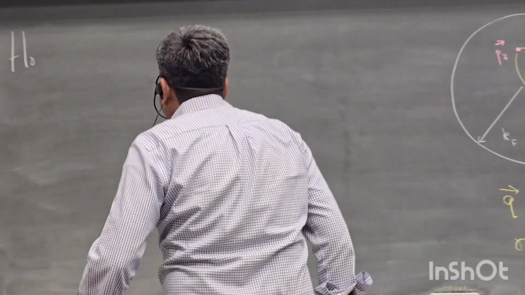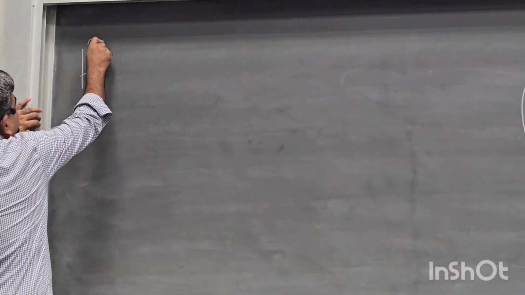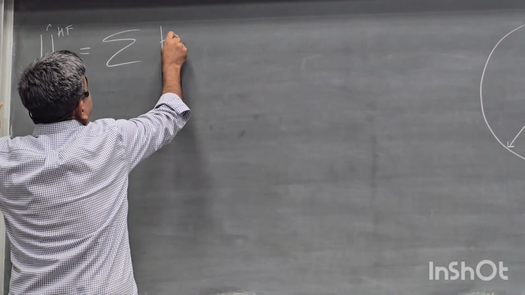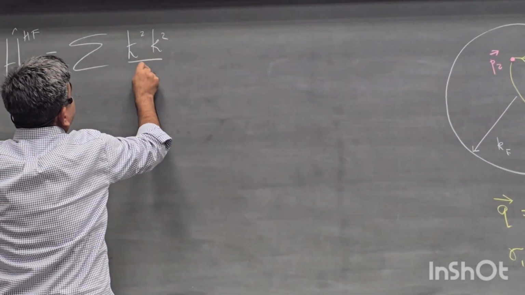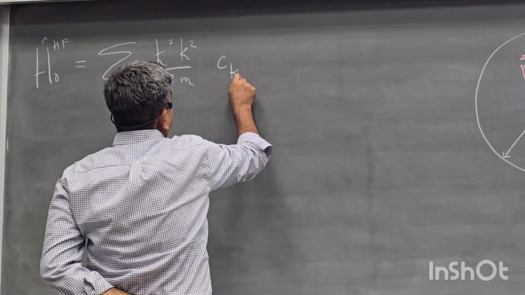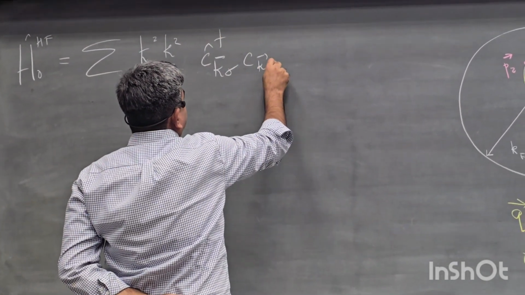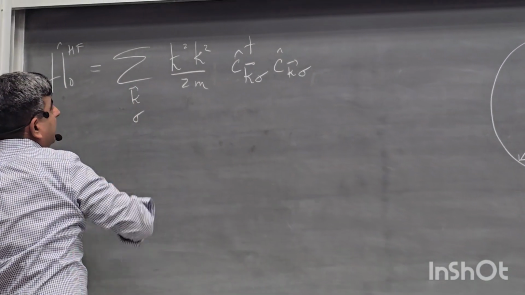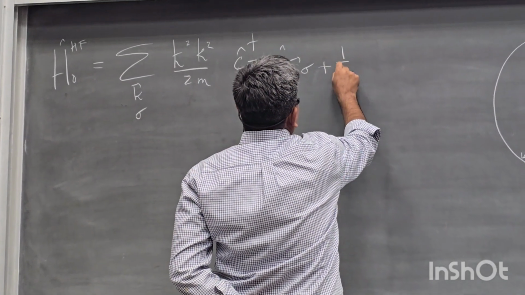So this is still called the ground state, but in the Hartree-Fock approximation, this becomes the sum over k and over the spin variables of h bar k squared over 2m, c_k sigma dagger c_k sigma, plus one half.